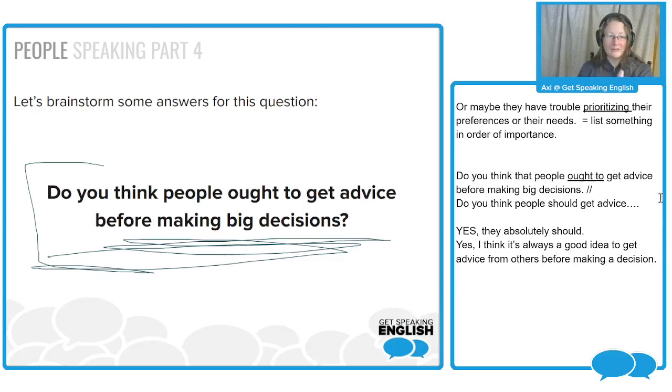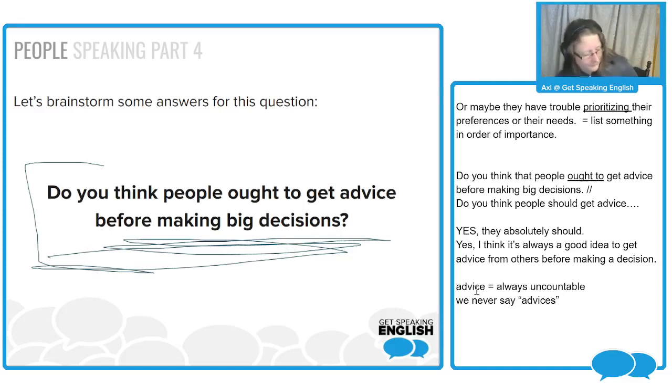And actually, a really quick point. I just want to point out that advice is always uncountable. So advice, always uncountable. We never say advices. It's always going to be uncountable.